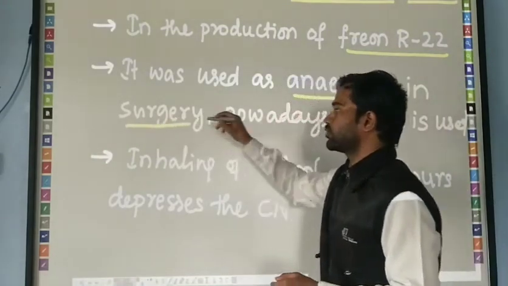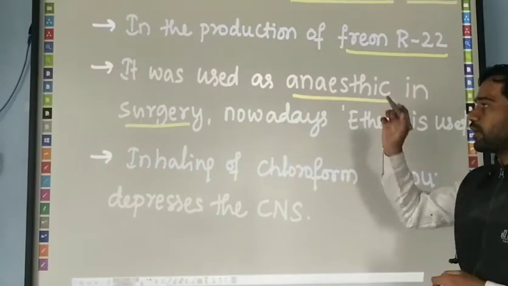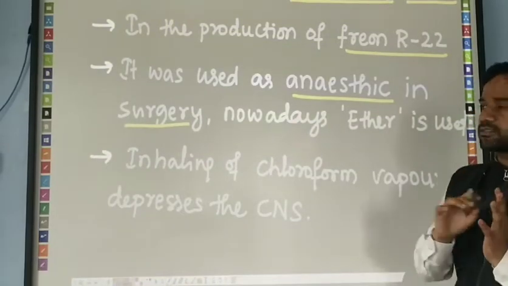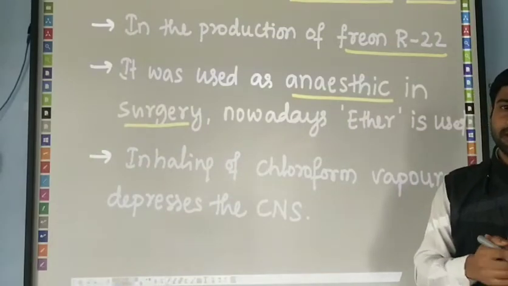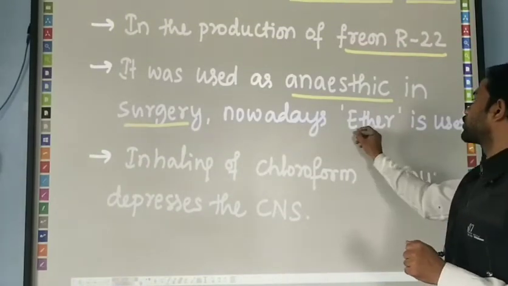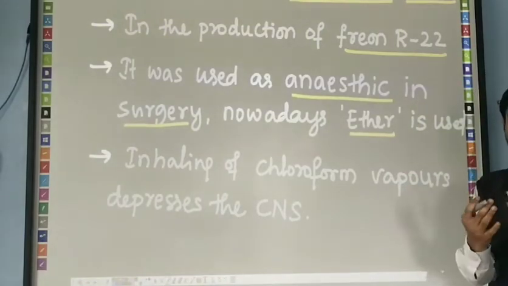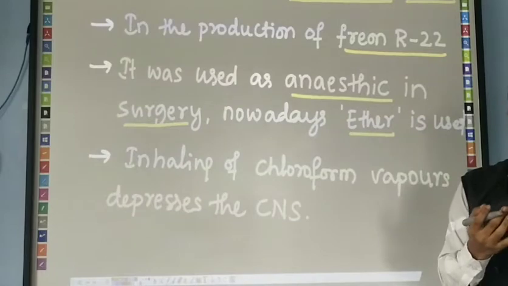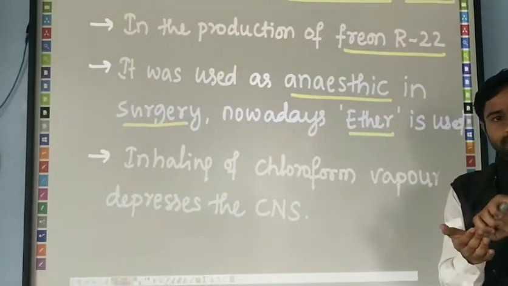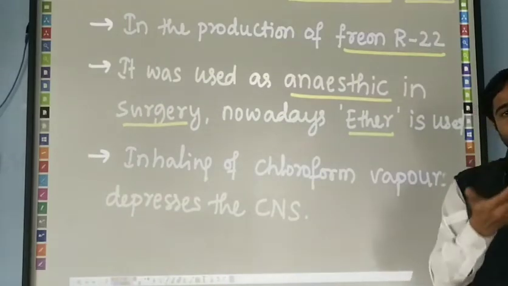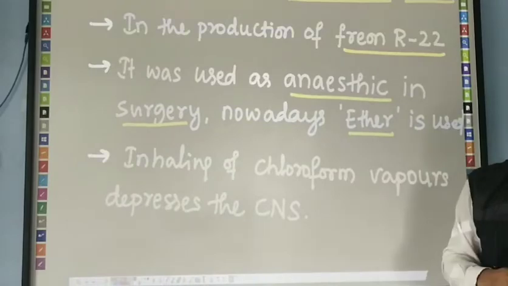Before going for surgery, the person is given anesthesia. In the olden days, we used chloroform for giving anesthesia, but nowadays we use ether as the anesthetic agent. I think you have seen in films and serials, one person pours something and makes another person dizzy or puts them to sleep.